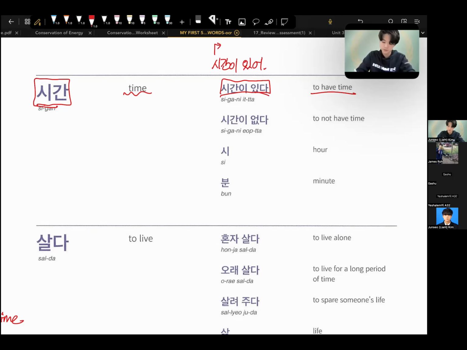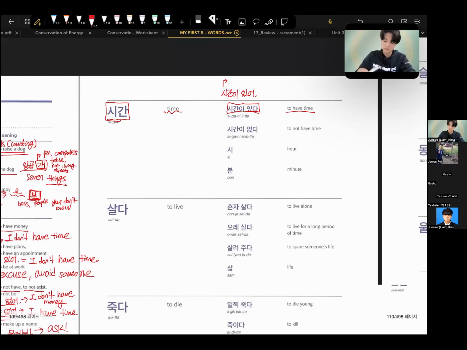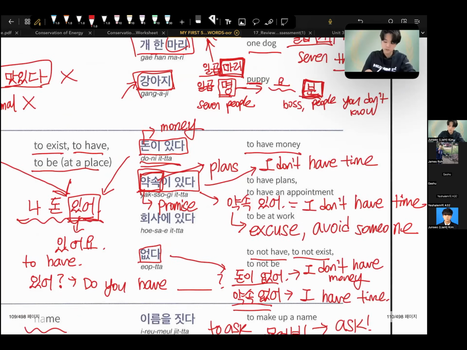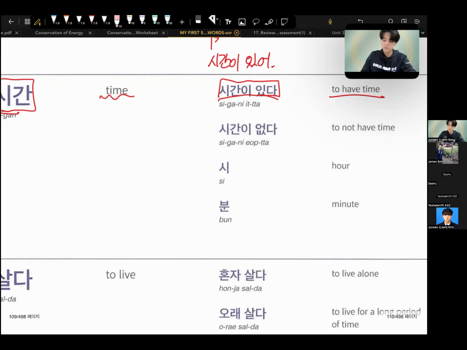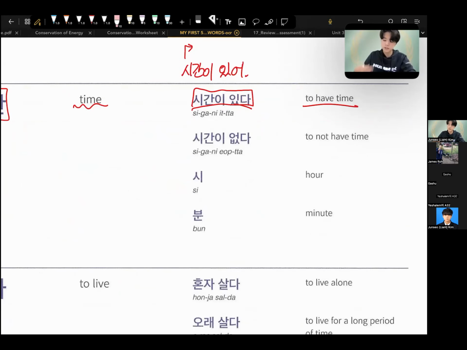This is also similar to the word that we learned before, 약속이 있다. People say, if they have time, oh hey, 시간 있어. Or people can also say 약속 없어.